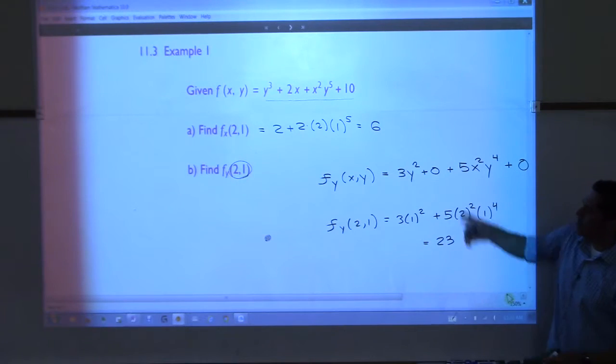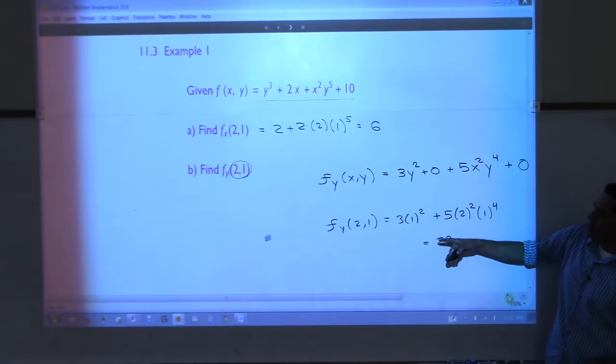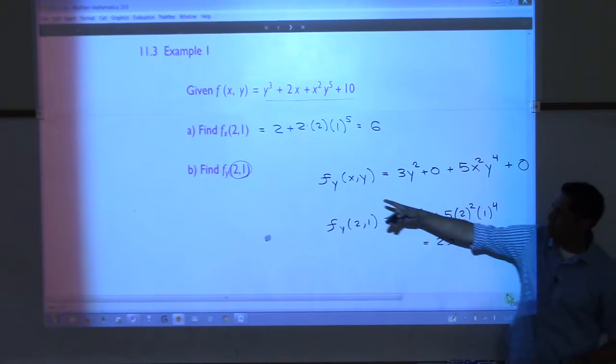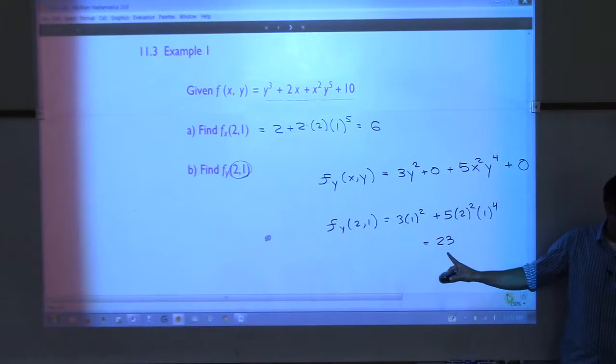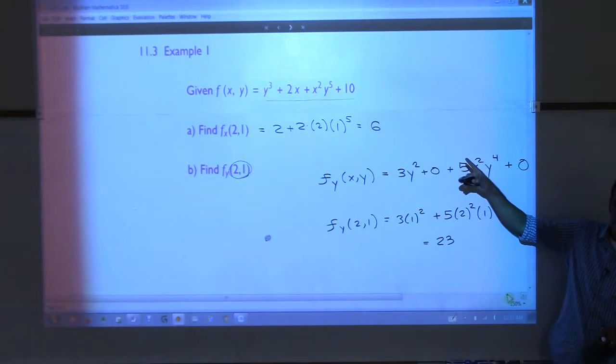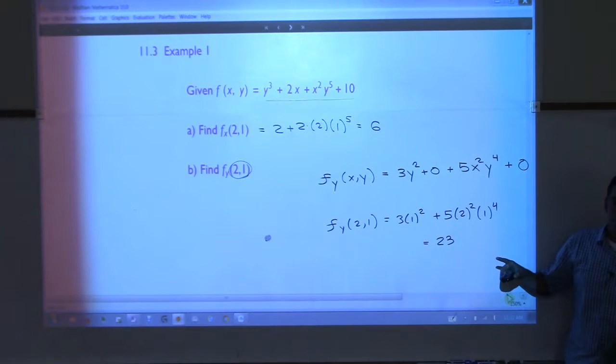Here, if we compare these two, if you point in this direction, you're going to get 23. That's steeper than 6. But later we're going to be able to find the direction that gives you the maximum incline, and then we can compute what that incline would be. That seems like it would be pretty difficult, but it turns out to be kind of a trivial thing, and it's using what's called the gradient vector.